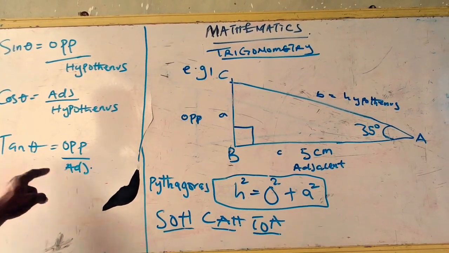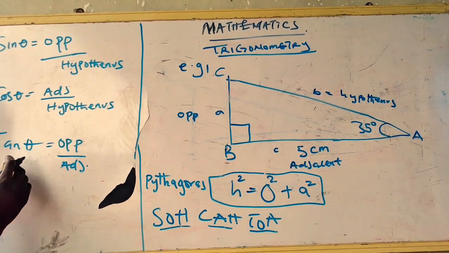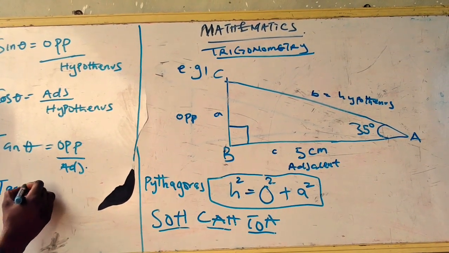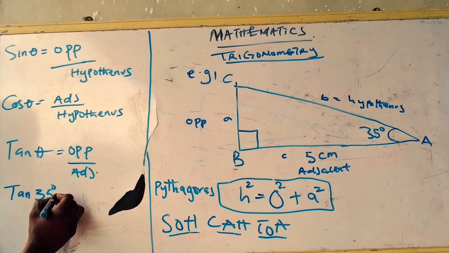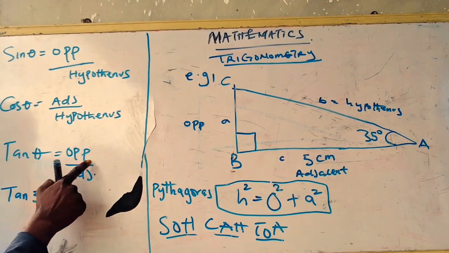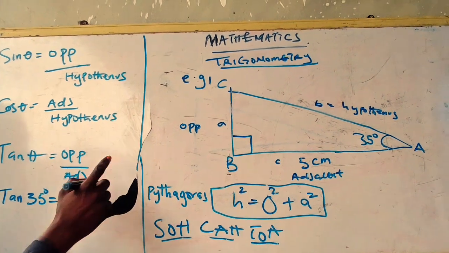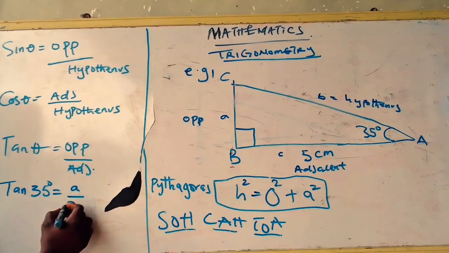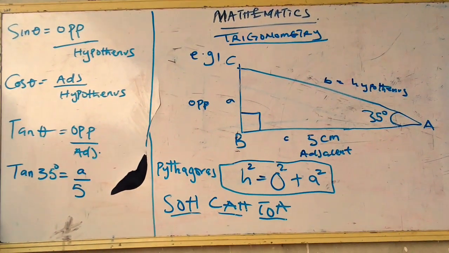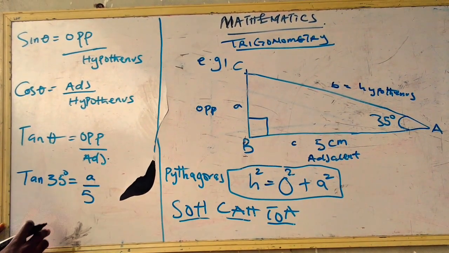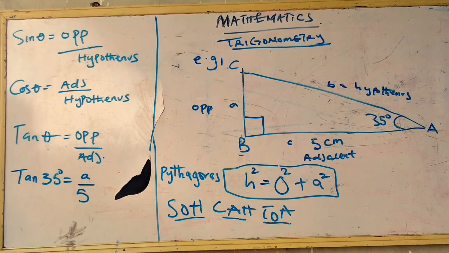So we are going for tan: tan 35 degrees equals the opposite, a, which is what we are looking for, over the adjacent, which is 5.